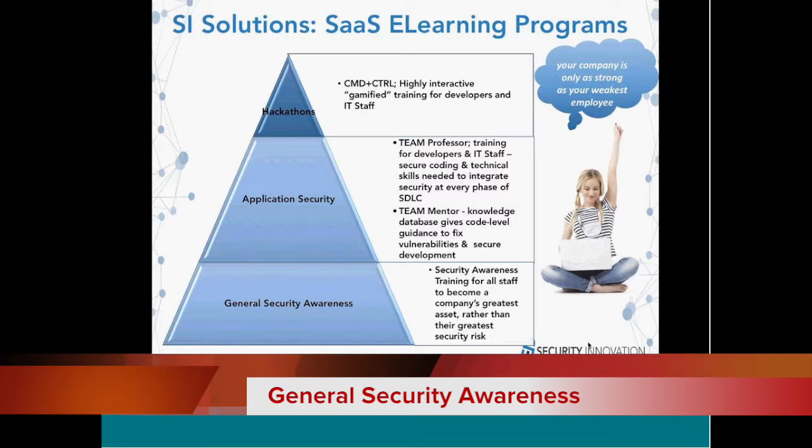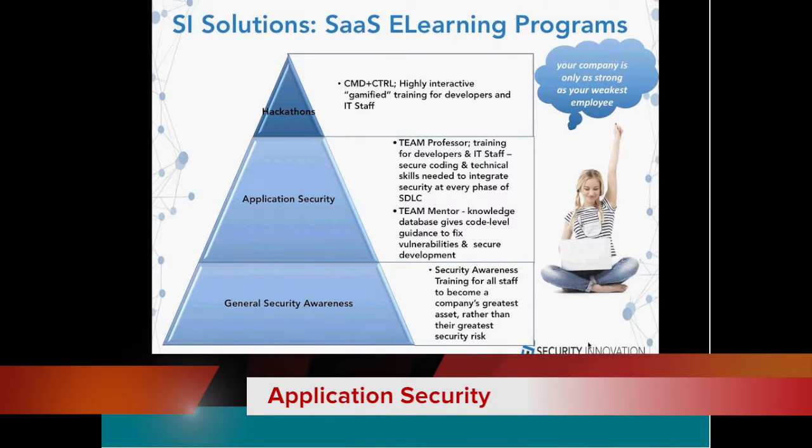If you move up the pyramid towards the middle part, our biggest strength is our application security training. We have two core solutions in that area. One is called Team Professor, and I'll talk in more detail about these two solutions. Team Professor is basically all of our computer-based training courses, focusing on developers writing secure code.